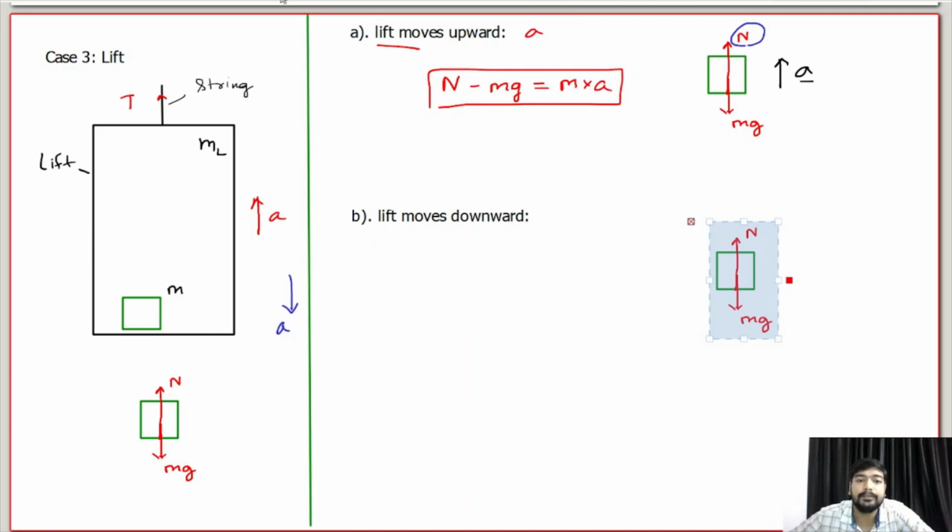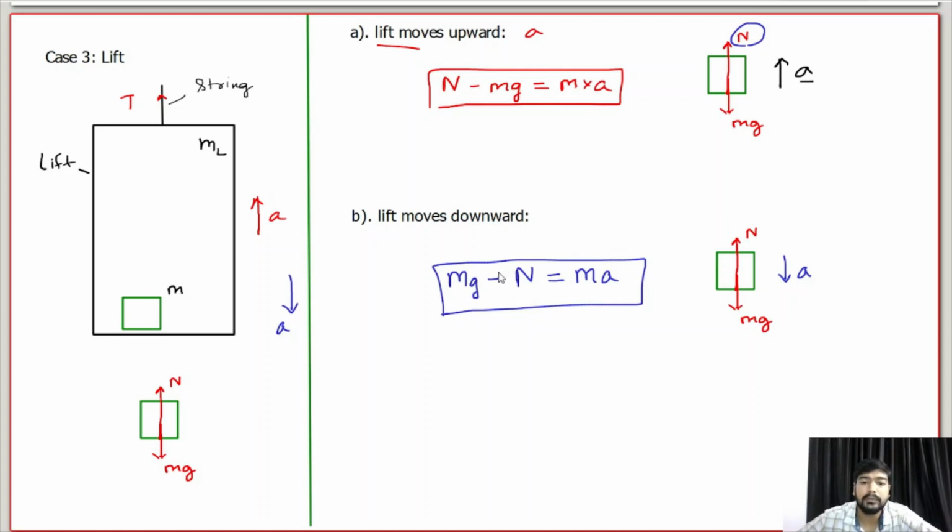Now this acceleration is downward. This lift is moving downward, that means this block is also moving downward. So who is carrying this block downward? That is the weight. So if I write the equation, mg is the supporting force, now the normal reaction is the opposing force. So mg minus N equals ma. Clear? So here the equation is reversed.